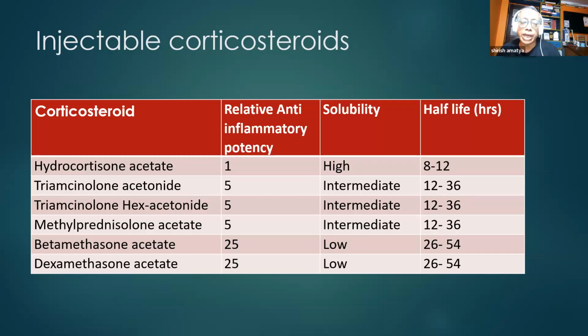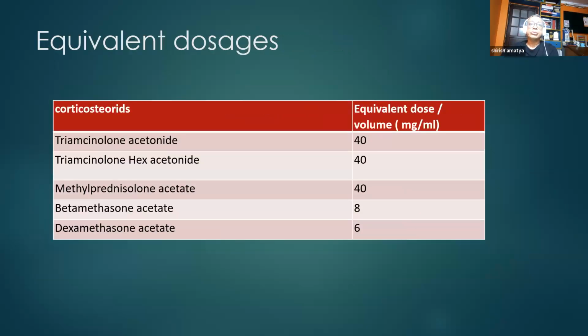Betamethasone as well as dexamethasone can also be used. The potency of betamethasone and dexamethasone is about 25 times more than that of hydrocortisone, but their lipid water solubility is very less, and half-life is a bit more, that is 26 to 54 hours.